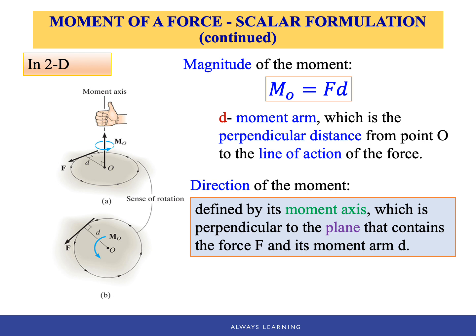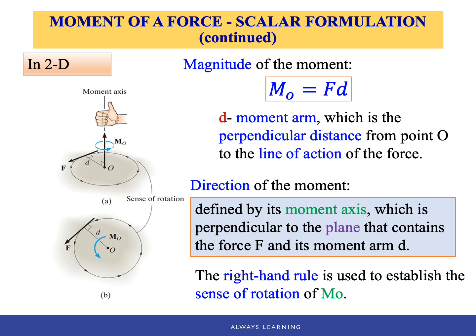And the sense of rotation and the moment axis is defined by the right-hand rule. The right-hand rule is, if you curve your fingers in the direction of rotation, your thumb will point to the direction of the moment.